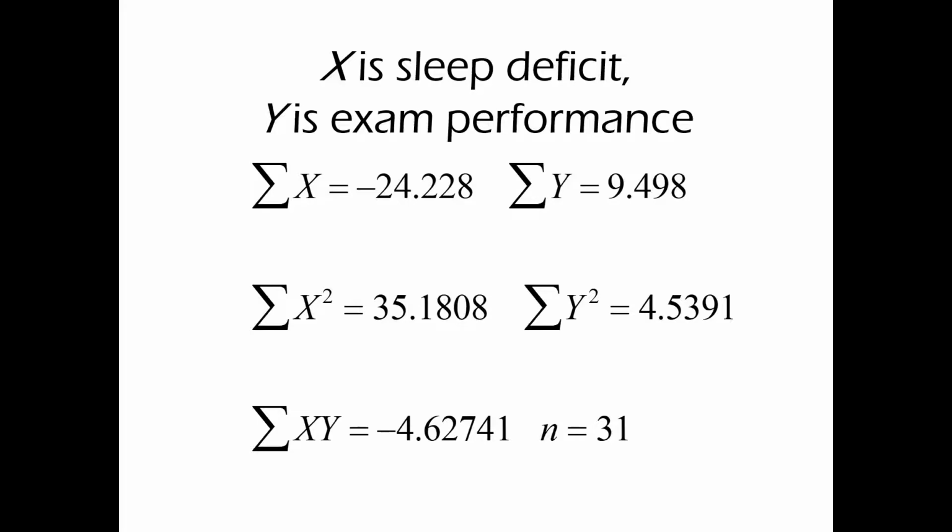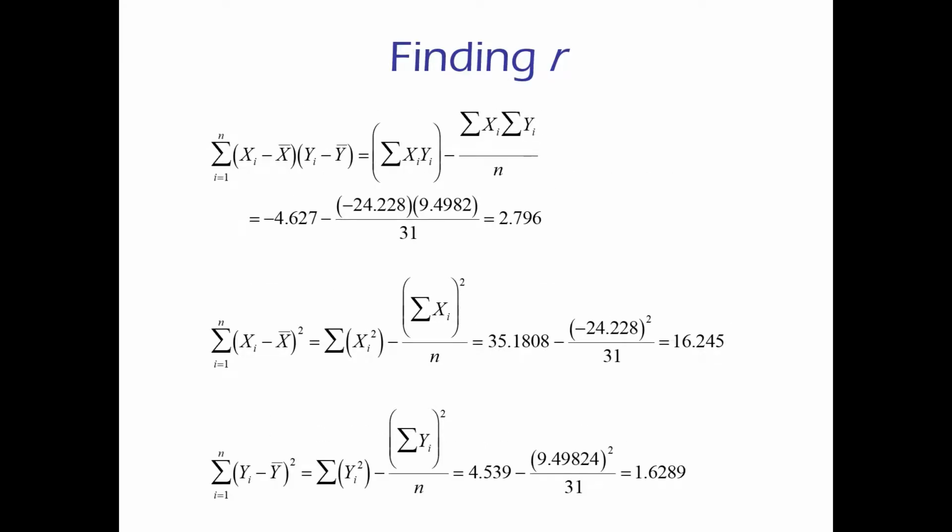Okay, so here are all the calculated values for the components necessary to estimate the correlation coefficient. With these values, we calculated this component from the formula for R is 2.796, this component the value is 16.245, and for this component the calculated value is 1.6289.